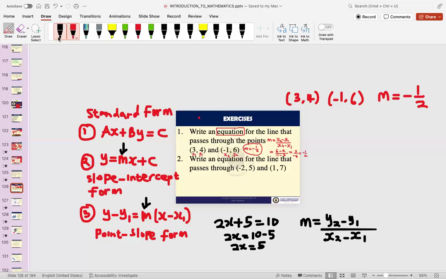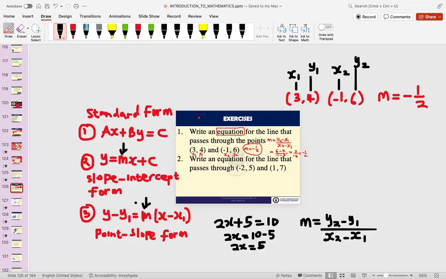And now I did mention that this point we have, this 3 is our x1. This 4 is our y1. This negative 1 is our x2. This positive 6 is our y2. So with this information, x1, y1, x2, y2, m negative half.